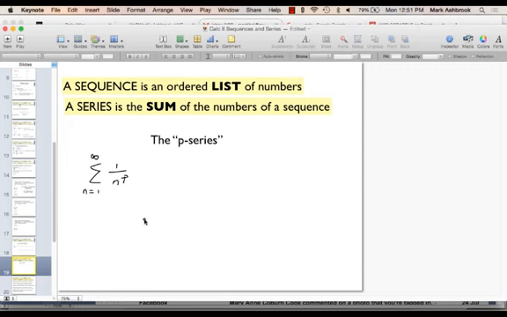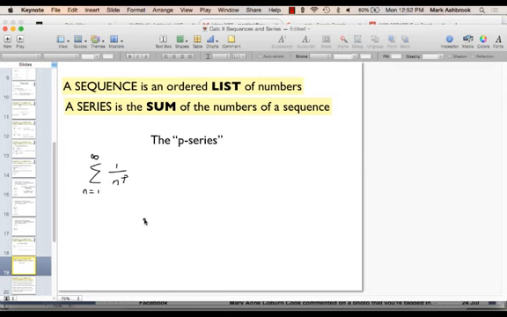They switch it. The type of series that corresponds to a P sequence is the geometric series, where they use R, and then they call a P series the one where they make the P the exponent. So not well thought out, but we can learn it. We just have to be aware of that.